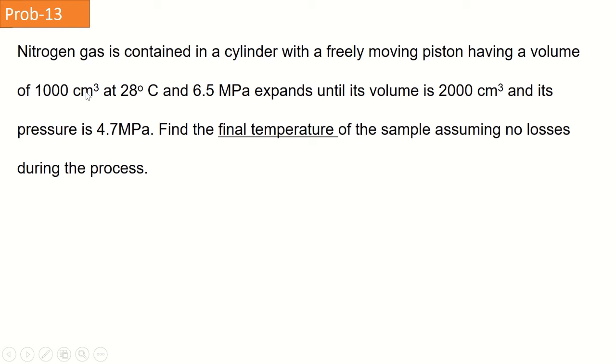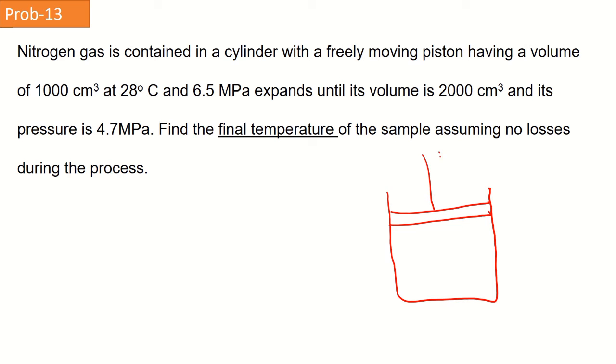So the question says there is one cylinder, and the cylinder is like this. This is a gas cylinder, and here there is a pump, or you can say the piston. This piston can go in the up direction, or it can go in the down direction.